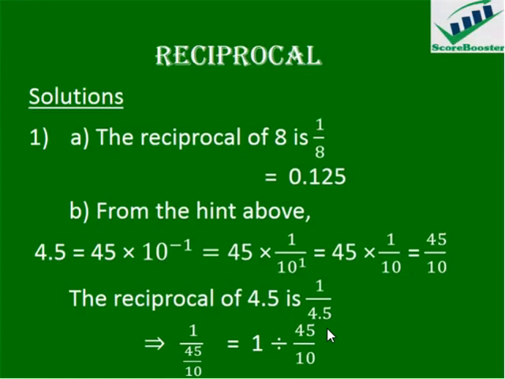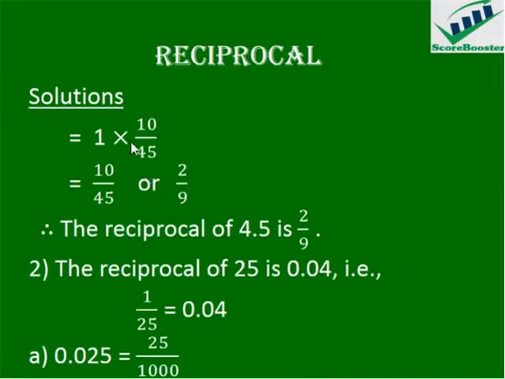And you already know from primary school, if you want to change the division to multiplication, the denominator will become the numerator and the numerator will become the denominator. That is why we have 1 multiplied by 10 over 45, which is what we have here, which is equal to what? 10 over 45, which can also be given in its lowest term.